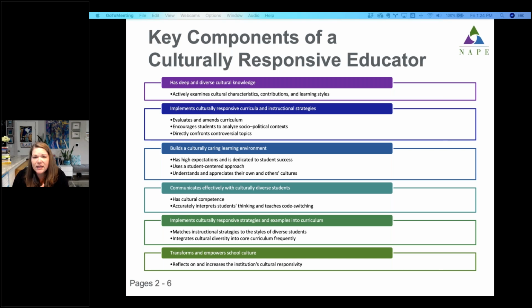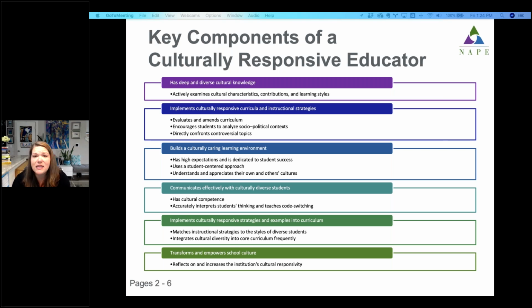And so again, this is something that really becomes a journey for us as educators, that there's always more room for us to begin to learn about other cultures. A really big part of this is firstly understanding our own culture.